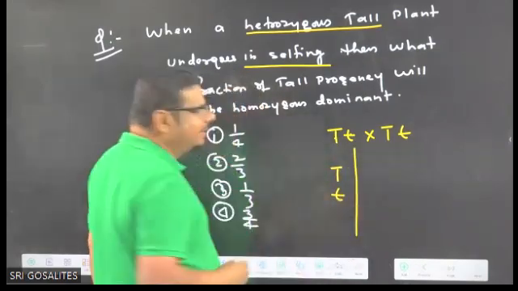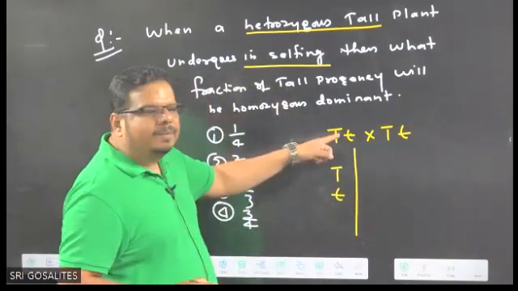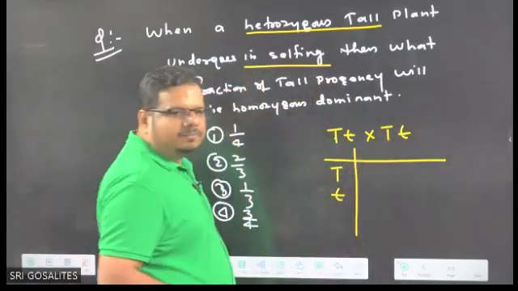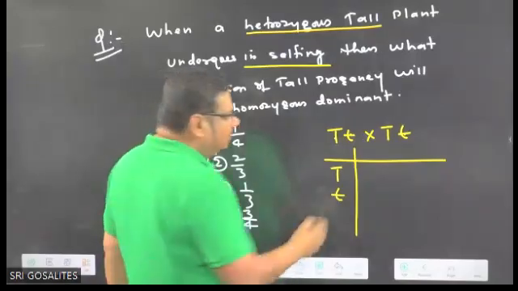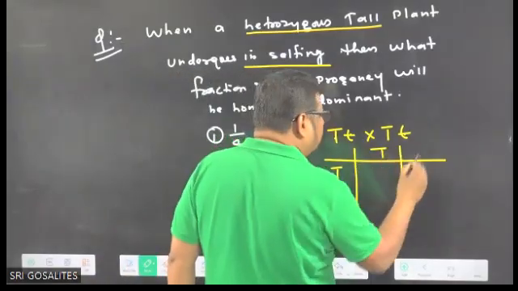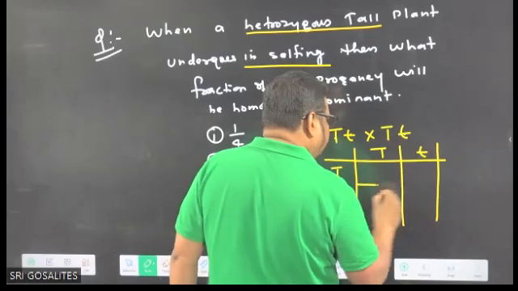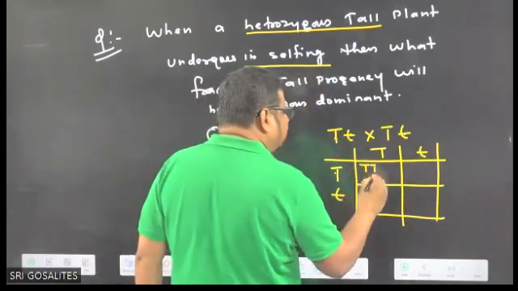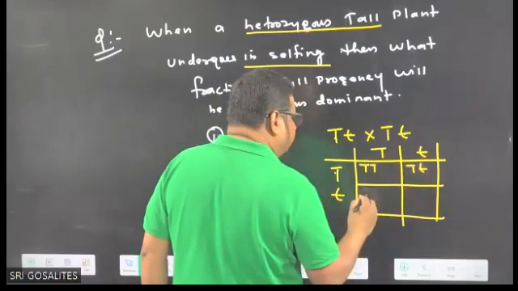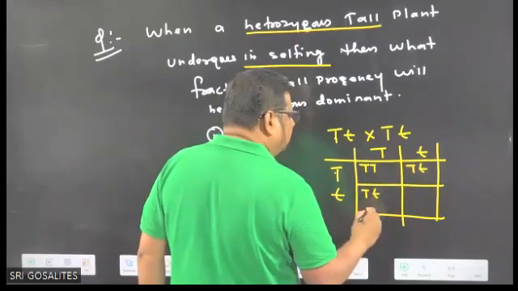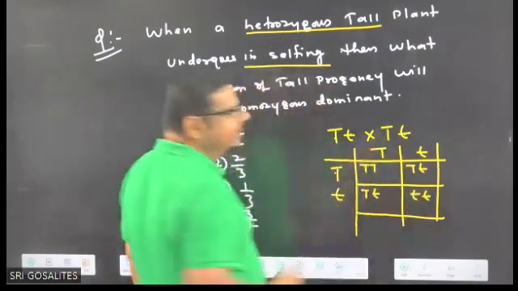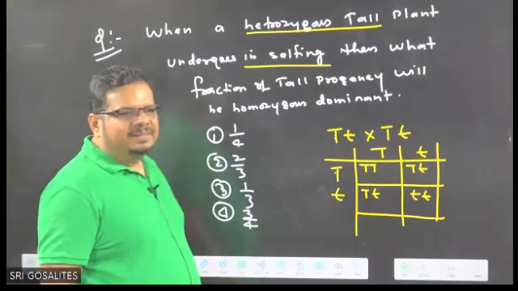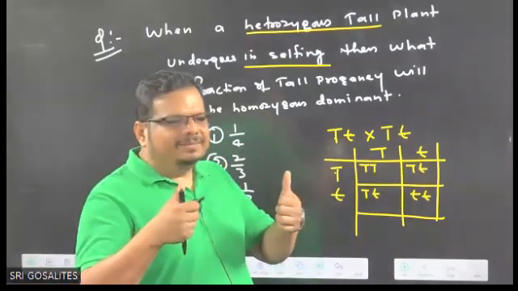And from the other side, also two types, capital T and small t. Now make a cross: capital T capital T, capital T small t, capital T small t, small t small t. This will come or not? Came. Up to here, all agree?